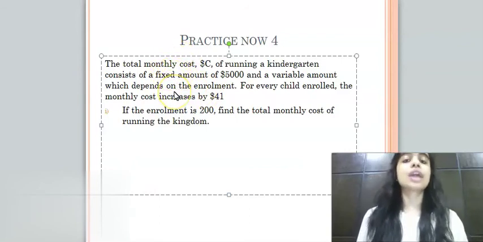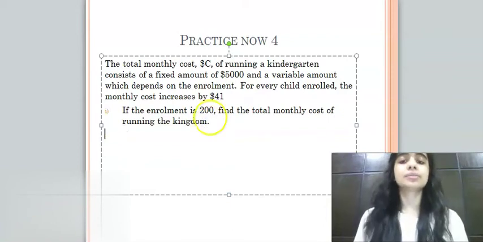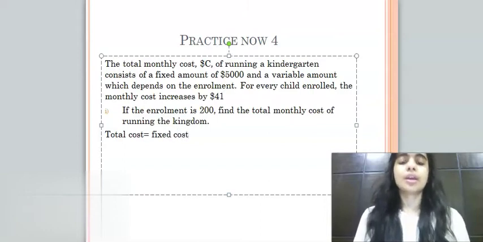Now let's read out my question, what they are asking me to do. If the enrollment is 200, find the total monthly cost of running the kindergarten. So I just said that my total cost consists of two things, that is my fixed cost plus my variable cost.